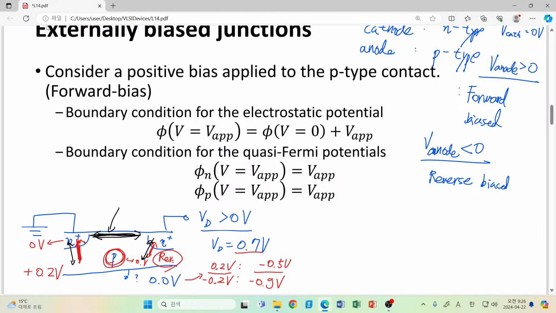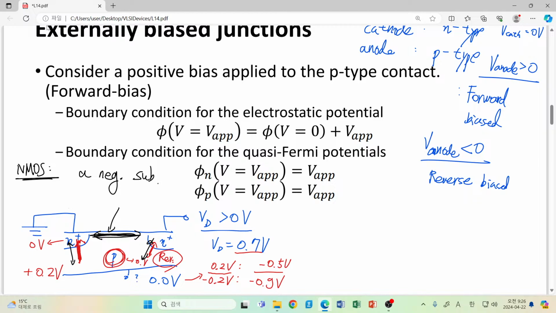So I wanted to say that in the case of N MOSFET, the allowed substrate voltage is always negative. A negative substrate voltage can be applied. It is safe.